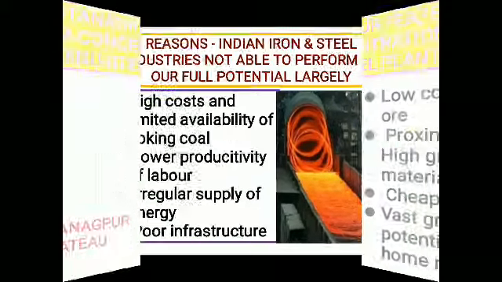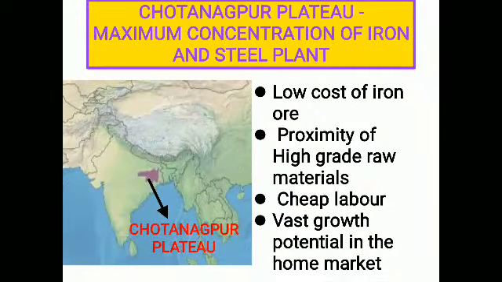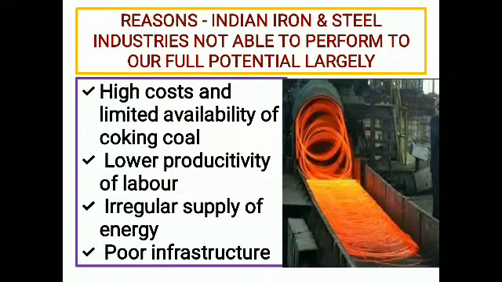In the previous concept, we saw that the Chota Nagpur Plateau has the maximum concentration of iron and steel plants because of low cost iron ore, close proximity of high grade raw materials, cheap labor and market facilities. Even so, we cannot cope with the world market or fulfill our potential. The reason is the limited availability and high cost of coking coal. At the same time, there is low productivity from the laborers.